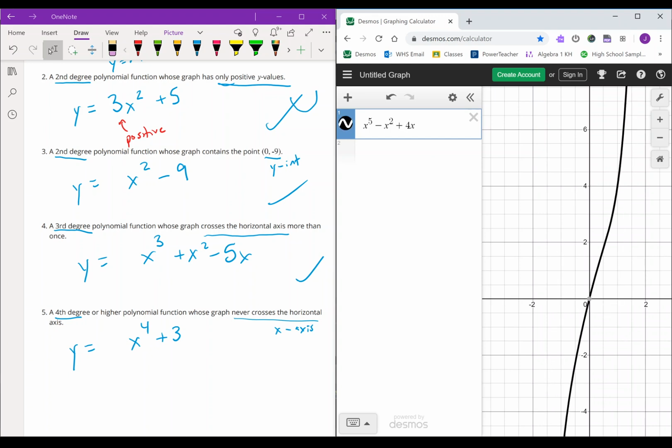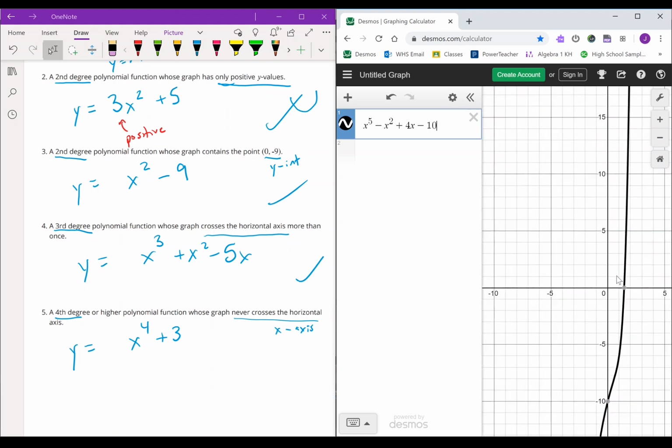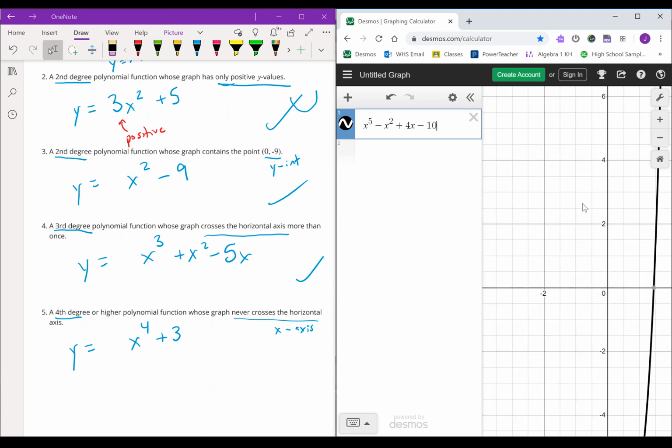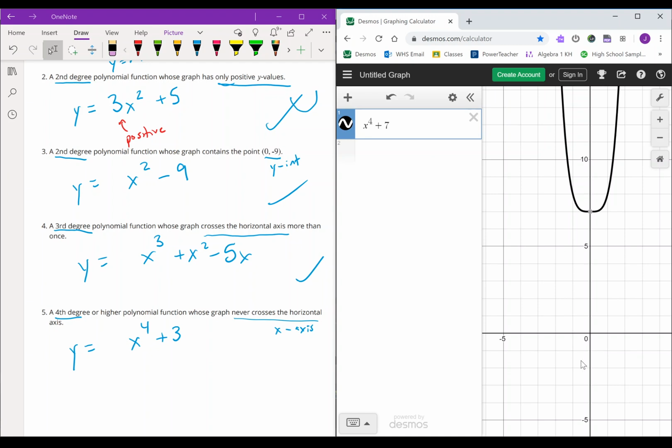No matter what I do here, I'm going to have some difficulty making this never cross the x-axis because it goes up forever and down forever. So that one just doesn't seem like it's going to work. But if I do x to the fourth, then I can pretty easily, because it goes up forever only, make it so that it never crosses the x-axis.